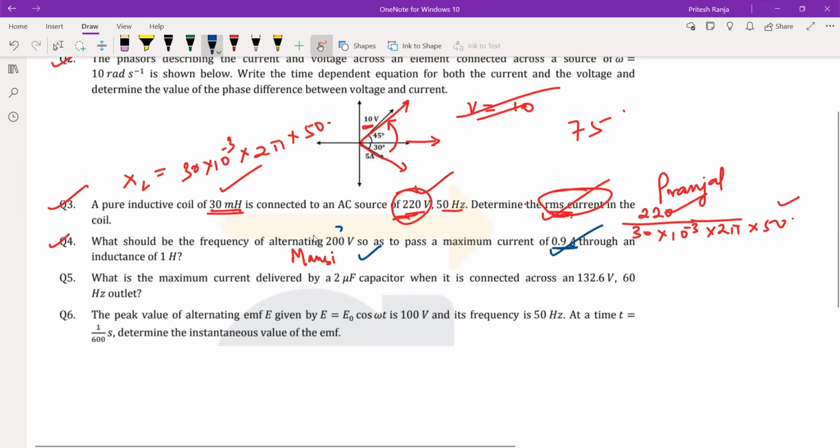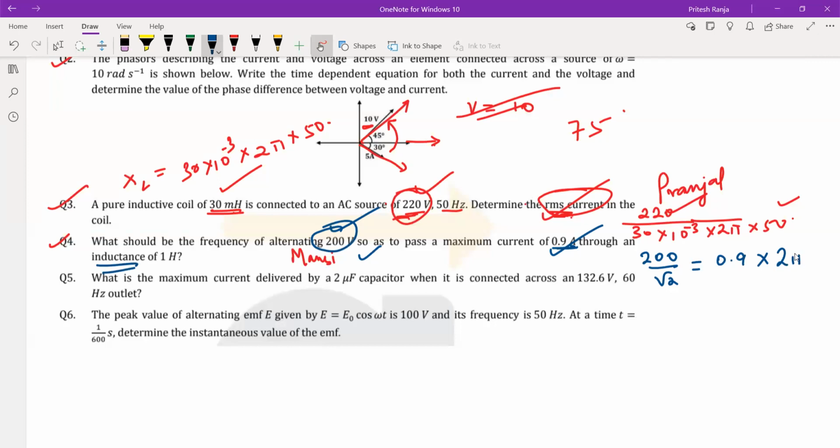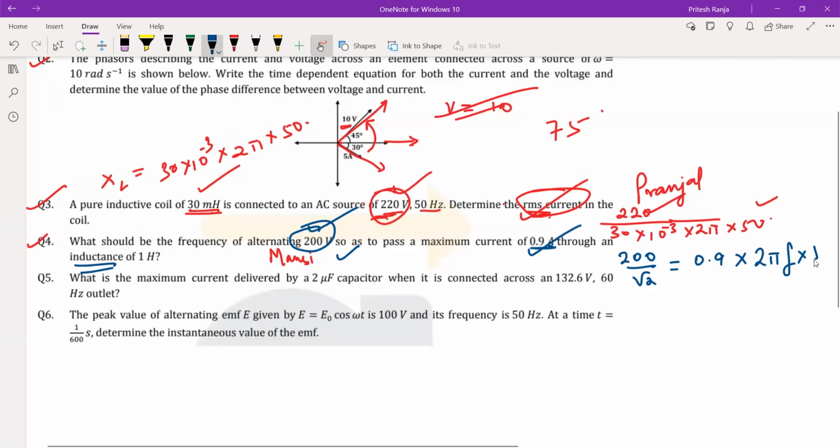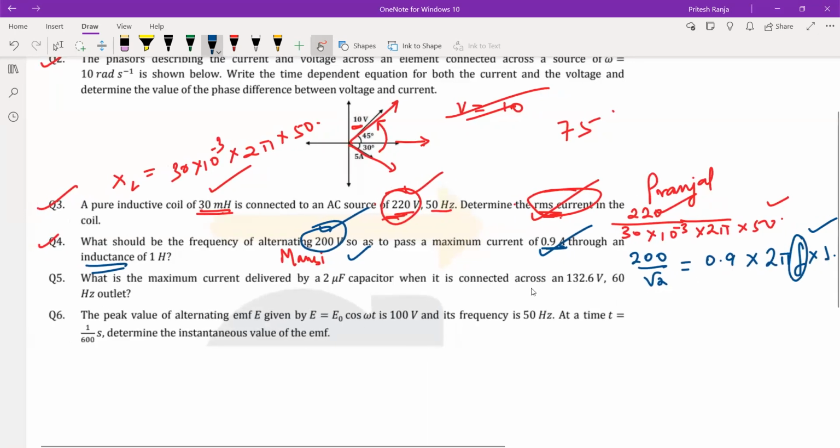Maximum current is given, so find the maximum voltage. V is equal to I into R, where R is the reactance, 2 pi into f into L. L is 1 Henry. So from here we can find f. These questions are very simple.